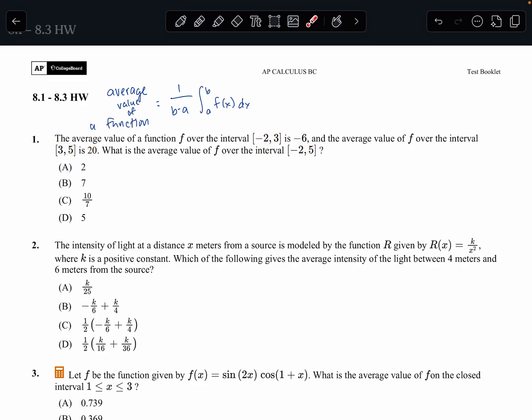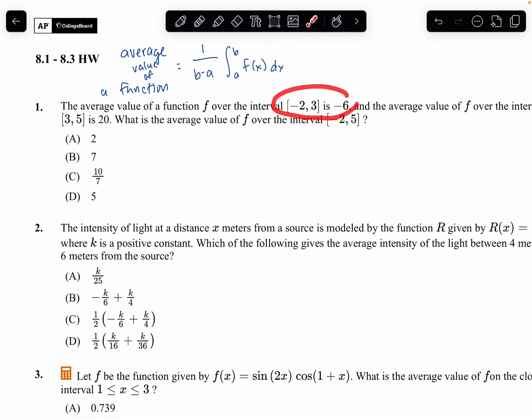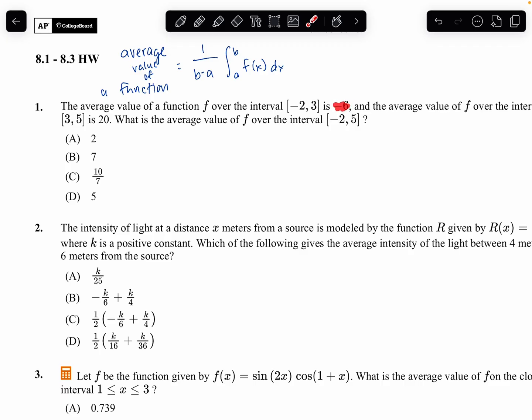So it sounds like we're going to set up an algebraic equation where we're just going to have to find a missing piece. Let's start with the first interval that they give us. If you write this inside the formula that we have here, you can find what you're missing. We know the average value is negative 6. The interval length b minus a, so 3 minus negative 2, is going to be 5.